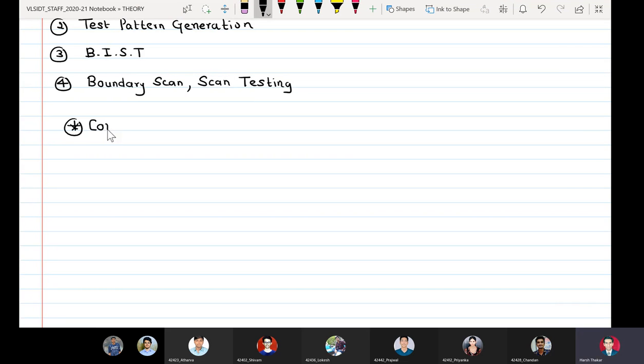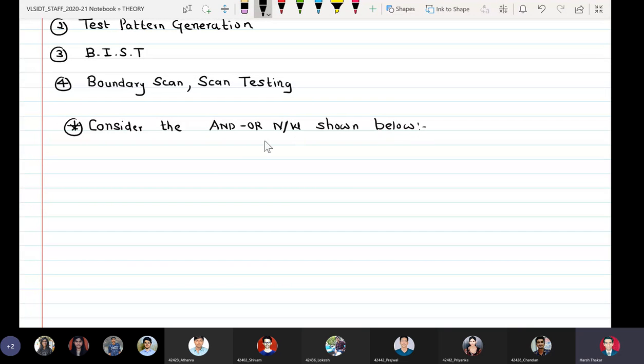consider the AND OR network shown below.